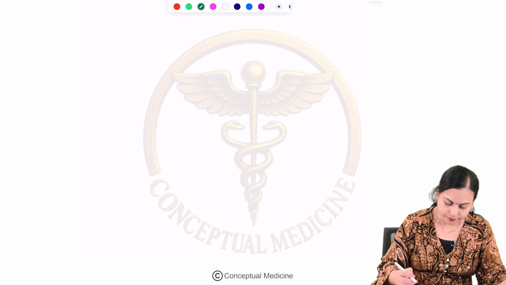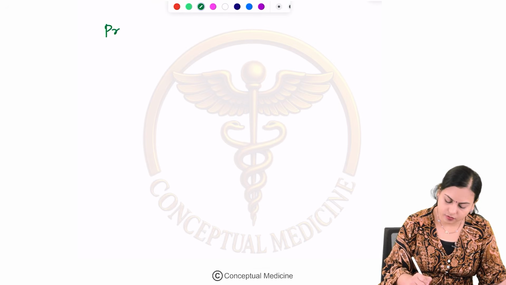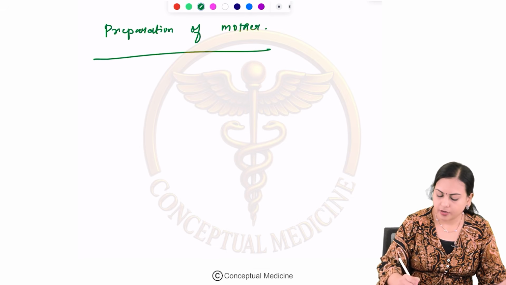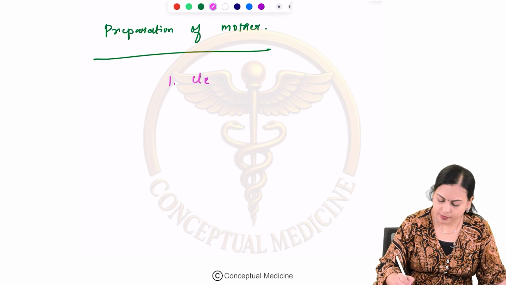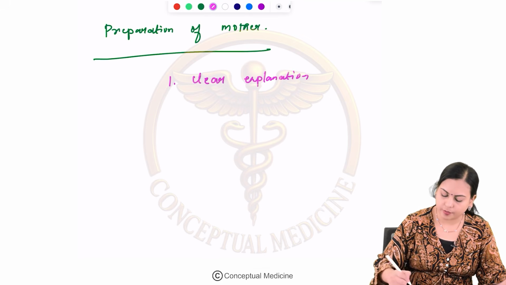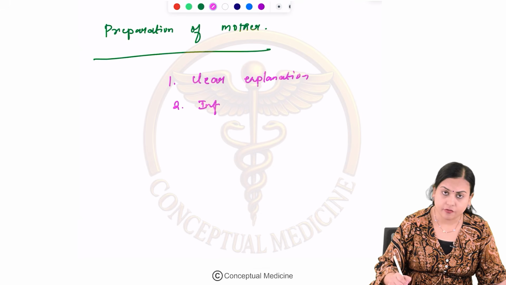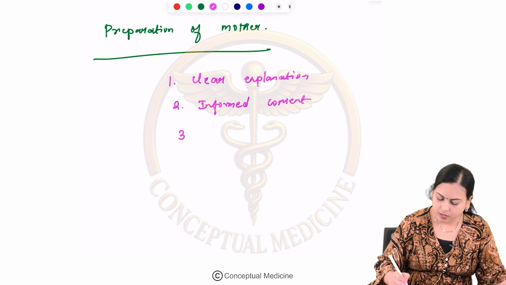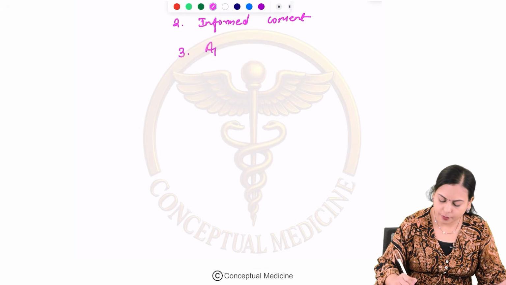Now, it's still not over. We have to do preparation of the mother as well. So, for preparation of mother, you have to give her a clear explanation of the procedure you are planning, and an informed consent should be obtained. There can be need of appropriate analgesia.